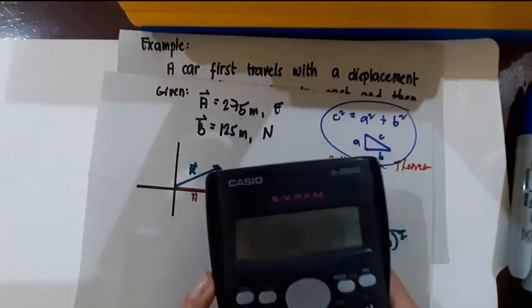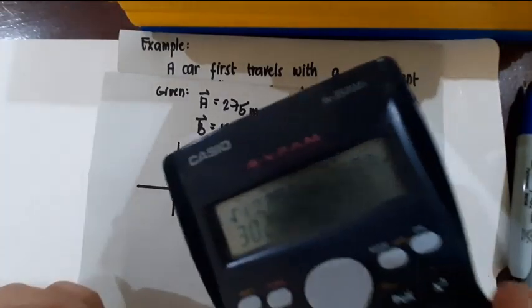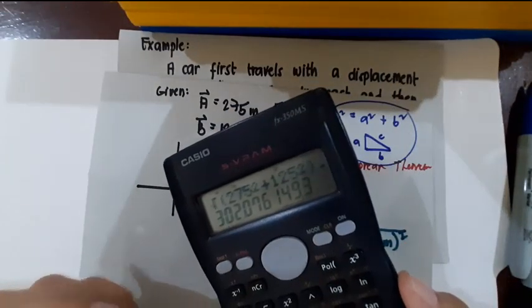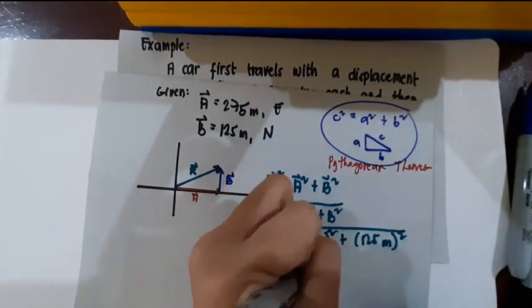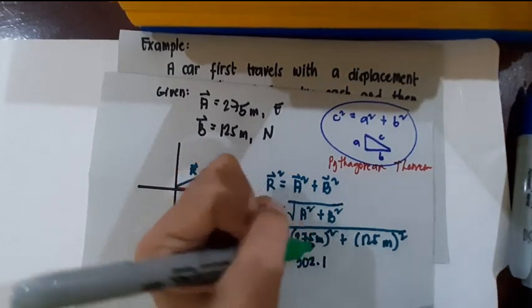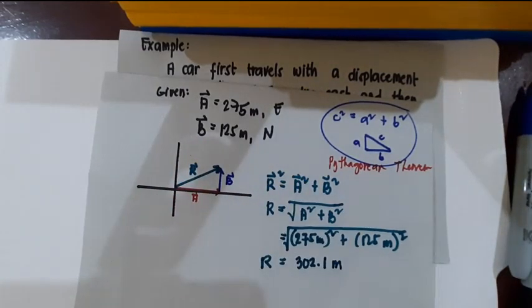So that's about 300, that's 302.1 meters. Now, what about the direction?